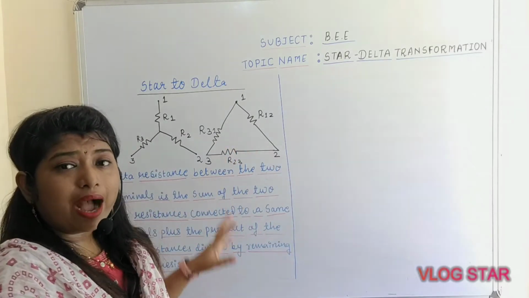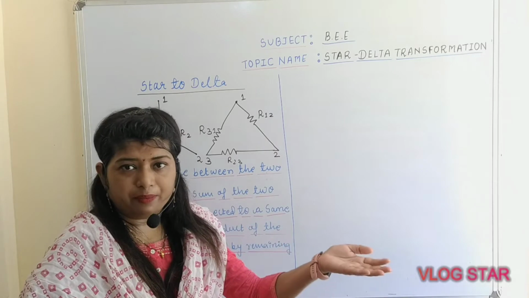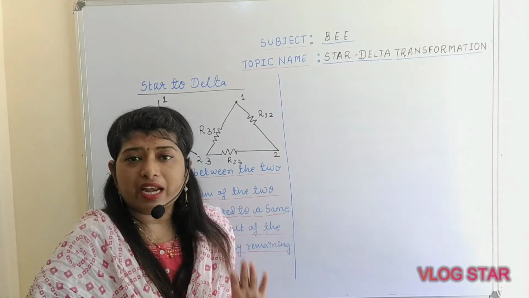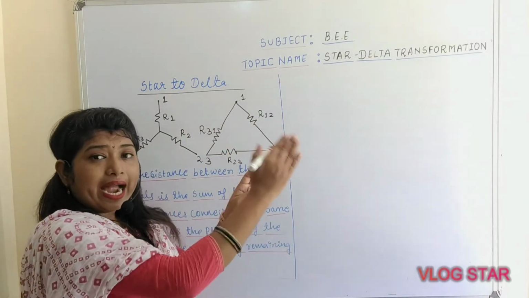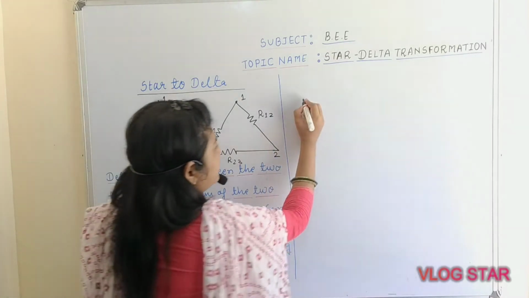Now in case we have to perform the transformation from star to delta, in the previous lecture we had studied delta to star. So here, for star to delta, at the end you have to find three different parameters. Which are they?